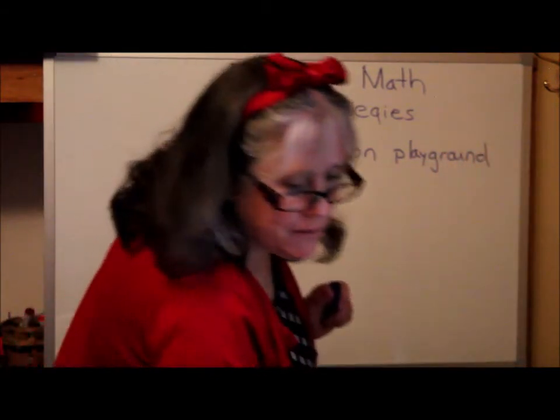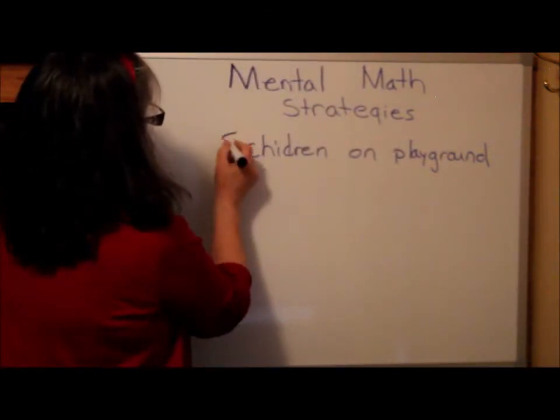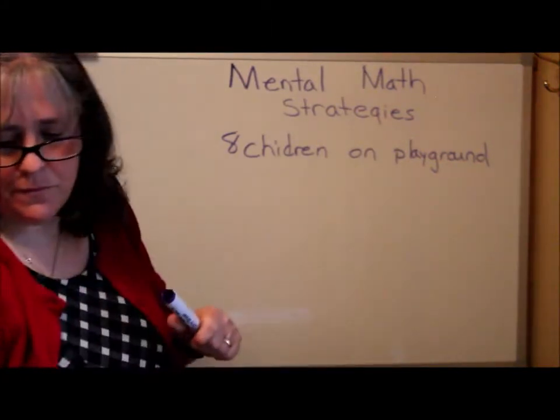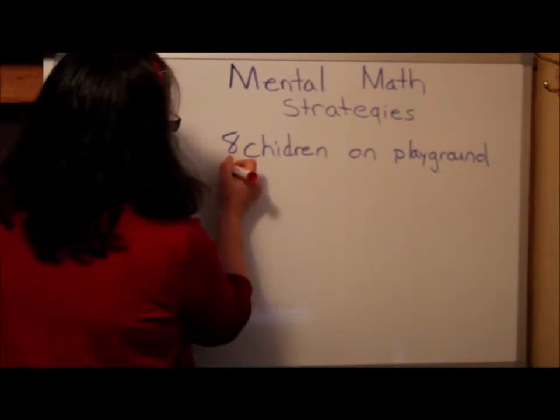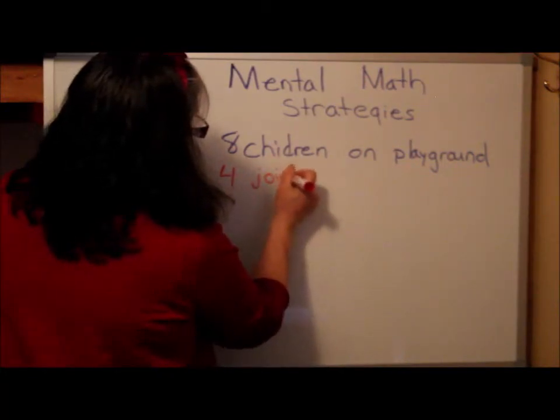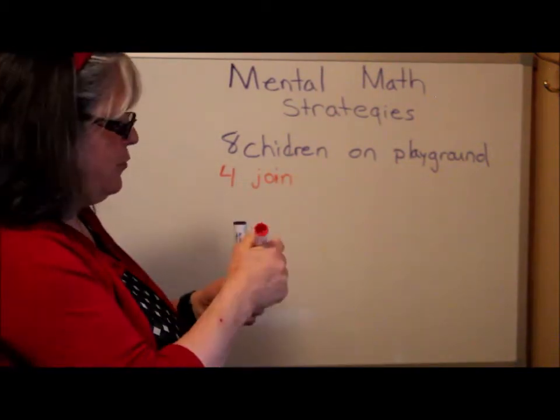Then 4 more join in. Oh, 8 children on the playground, and then 4 join in. I'm just going to do that so it's a little faster. So 8 children on the playground and 4 join in.